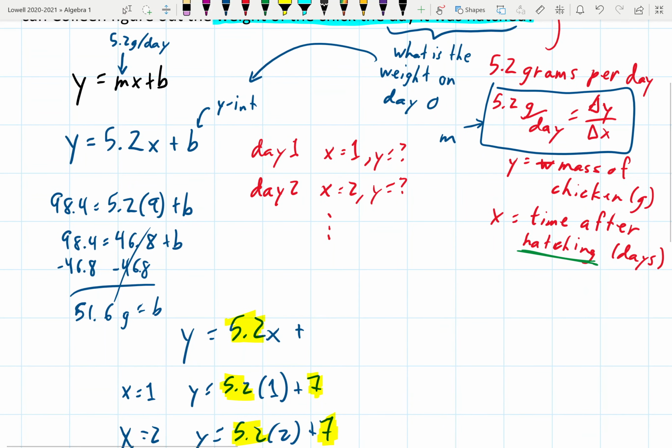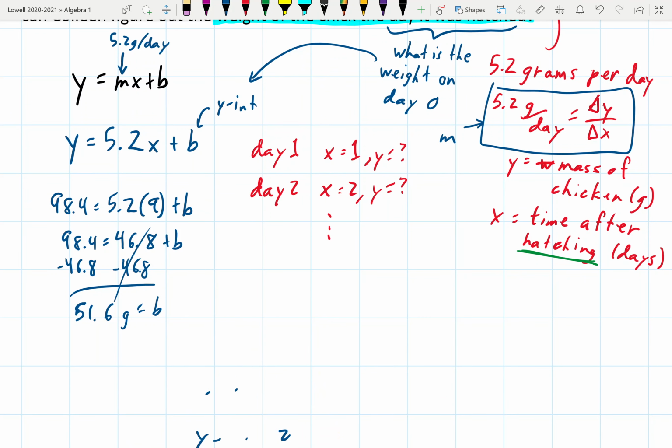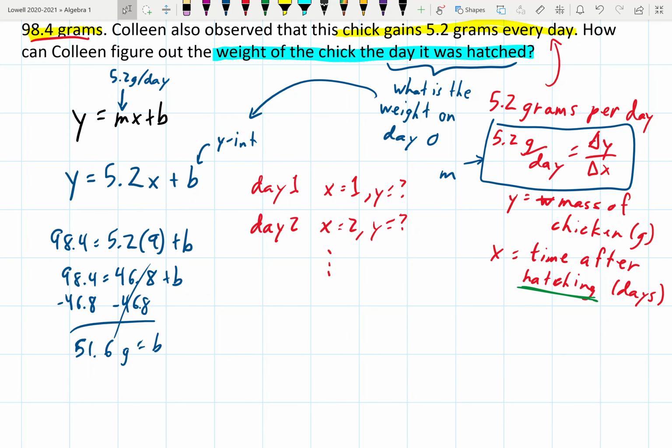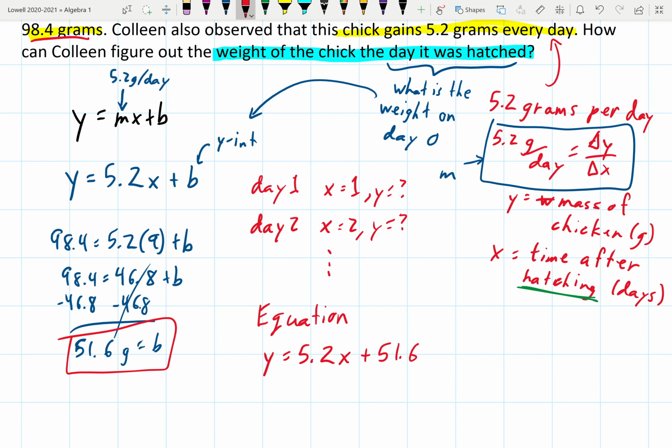So we can erase this now, give us some more room. Our first question was, how much does it weigh on day 0? It would be 51.6 grams, again represented by our y-intercept. And the actual equation for the weight of this chicken is y equals 5.2x plus 51.6.